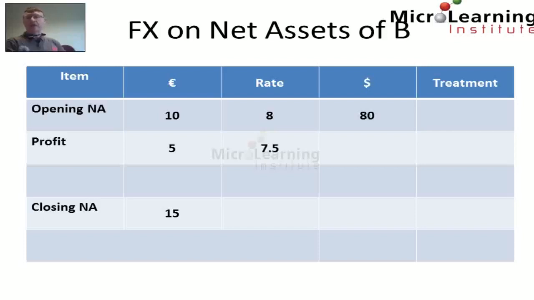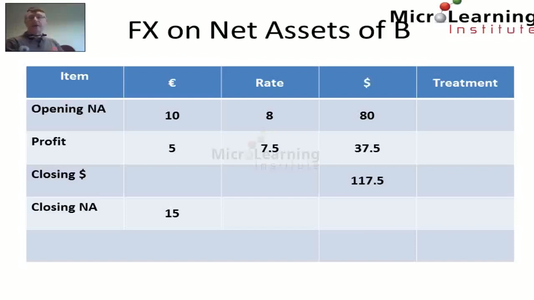The profit for the year is translated at the average rate, and the average rate we saw from the table is 7.5. So therefore, the profit of €5,000 translates to $37,500. Now, we would expect then in dollars that if the opening net assets were 80,000 and the profit was 37,500, the closing net assets in dollars should be $117,500.